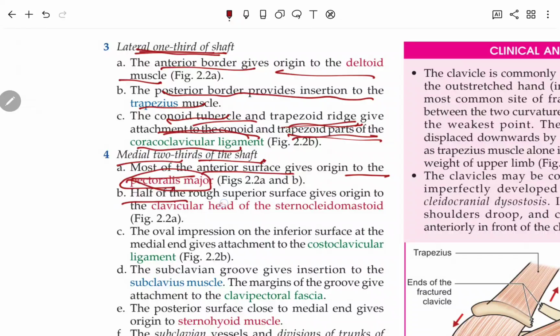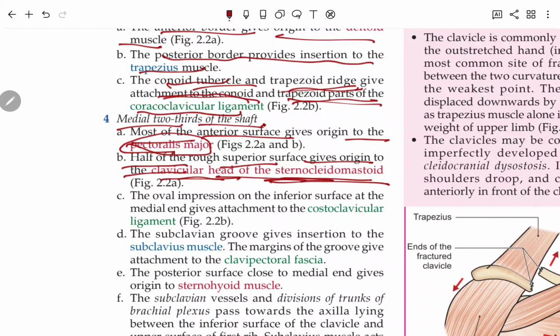Half of the rough superior surface gives origin to the clavicular head of the sternocleidomastoid muscle. Clavicular head. There is another head, other than the clavicular head of the sternocleidomastoid muscle, which we are going to see in upcoming lectures.